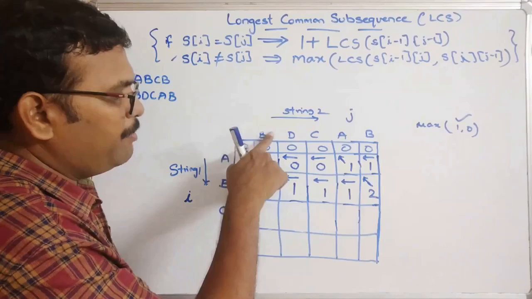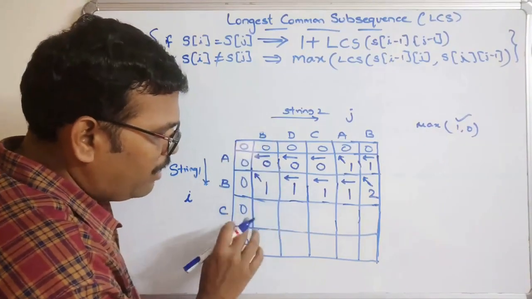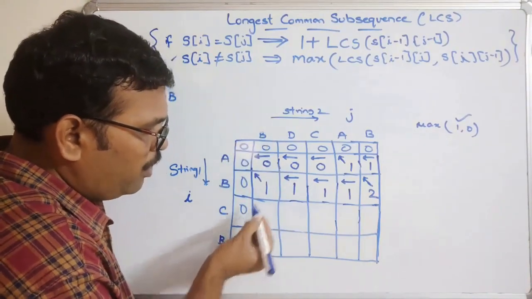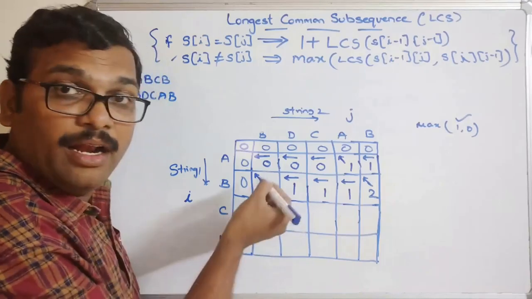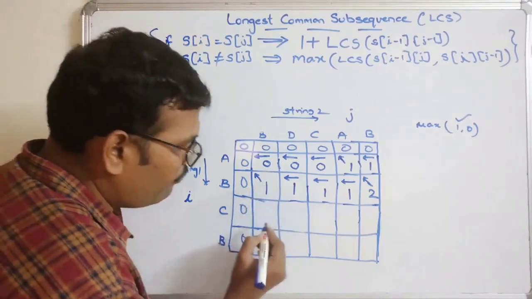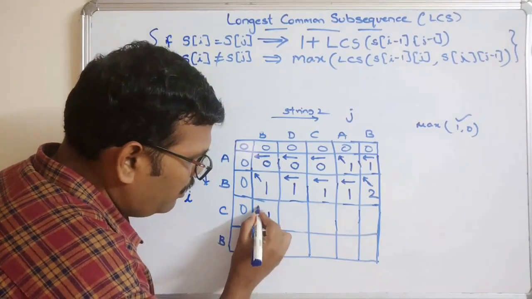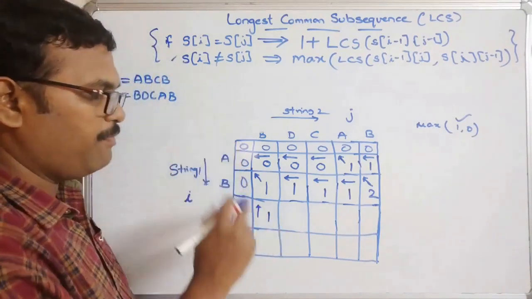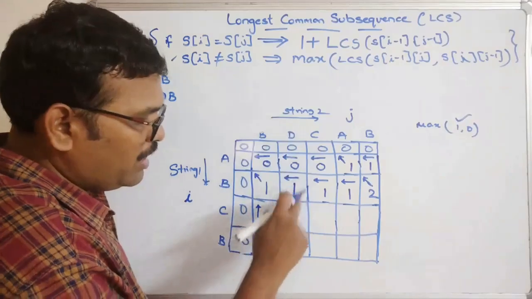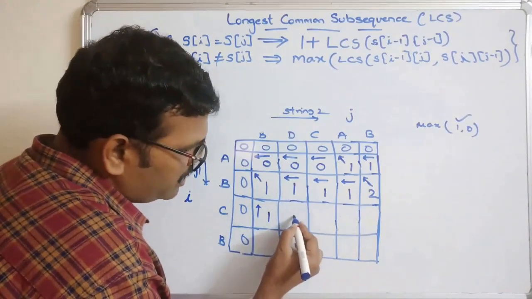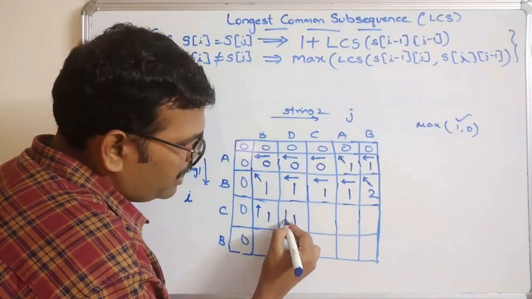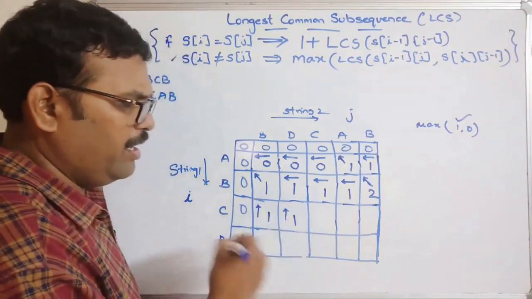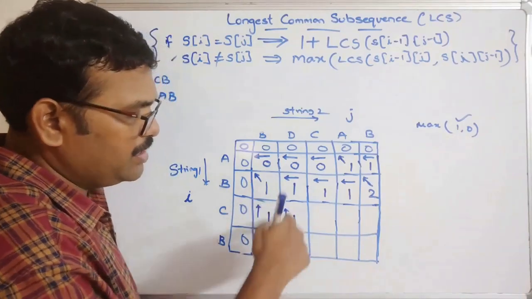Next, C and B both are not equal, so I have to consider either 0 or 1. So diagonally, we have to consider the maximum, and 1 is the maximum. I take 1 from this cell, so the arrow mark will be upward. So C and D both are unequal, both are 1s, so same thing, we can consider any cell.